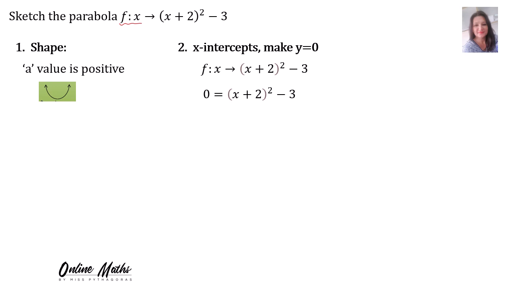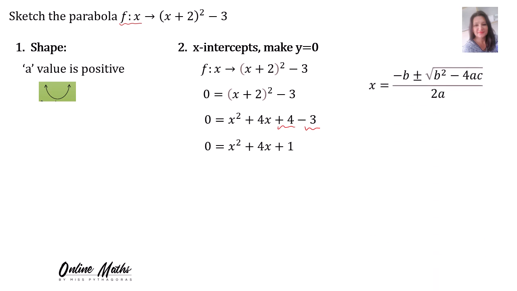And then you can multiply out the two brackets, x plus 2 times x plus 2, and you end with x squared plus 4x plus 4 minus 3. And then you add the two constants, and the answer is 0 equals x squared plus 4x plus 1. Now you want to factorize, but you can't factorize that one. Then you will use the quadratic formula.